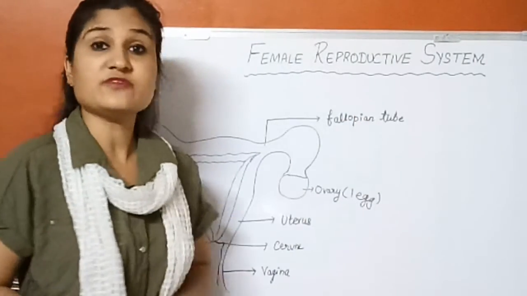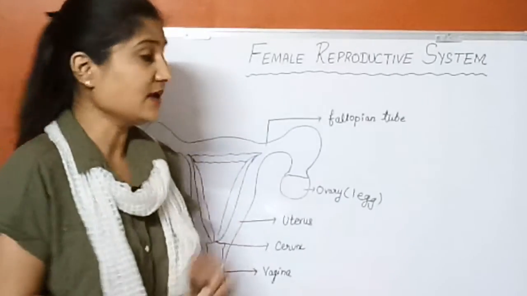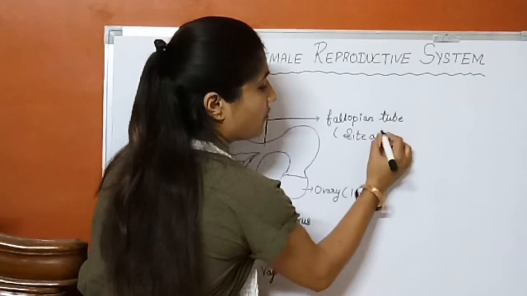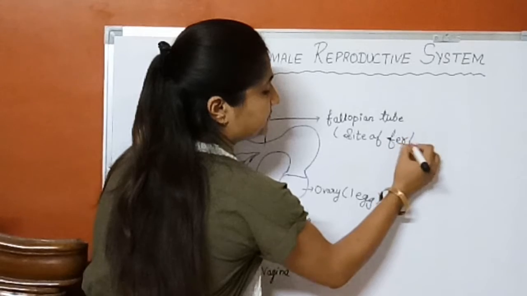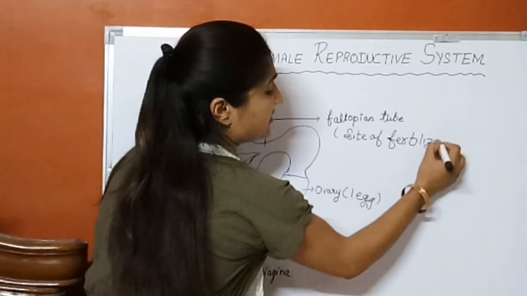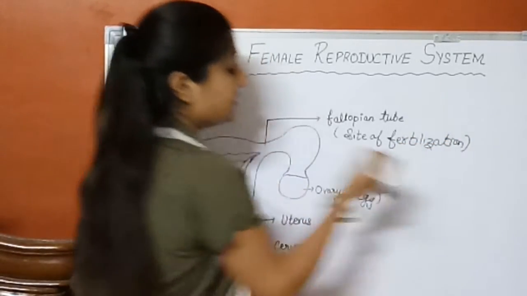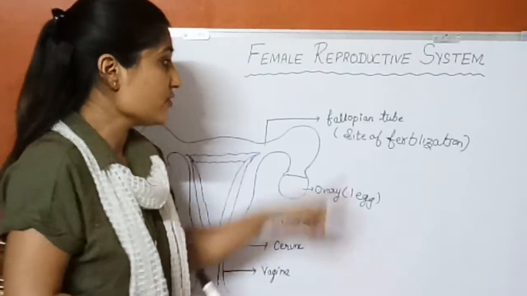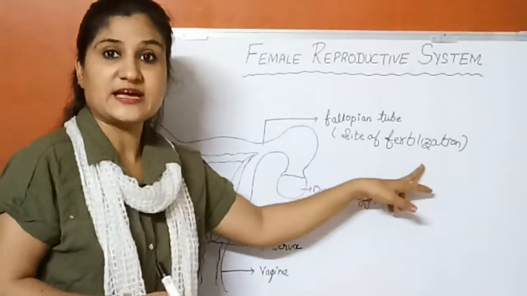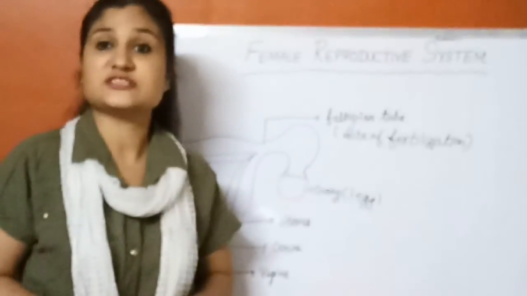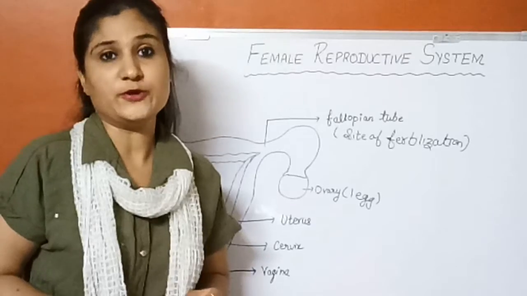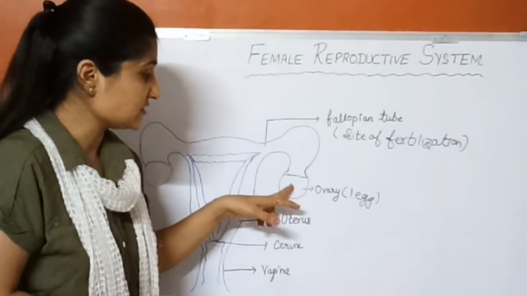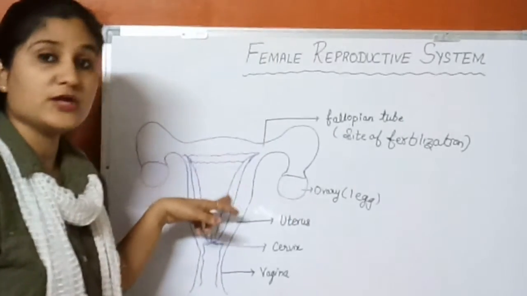Now the important function of the fallopian tube is that it is a site of fertilization. That means it is an area where the egg and the sperm fuse together. Okay, so it is a site of fertilization, and the second important function is that the fallopian tube helps the egg transfer from the ovary to the uterus.